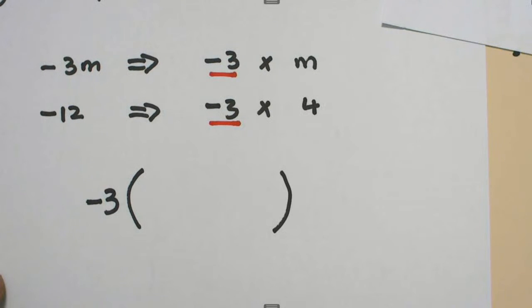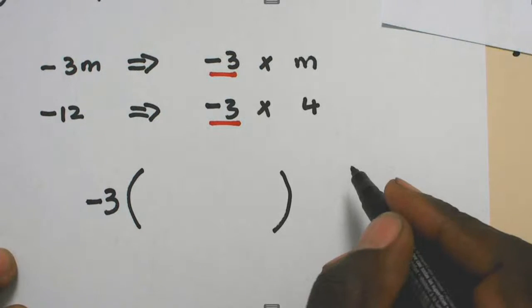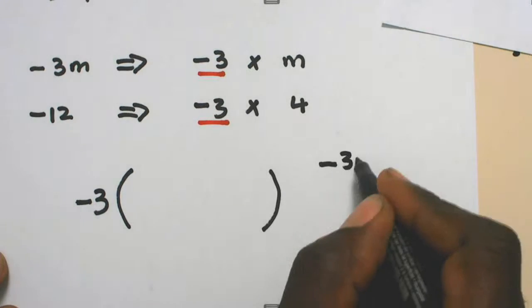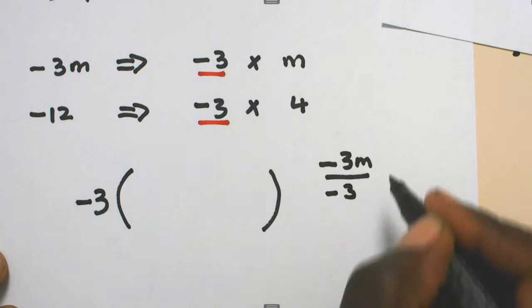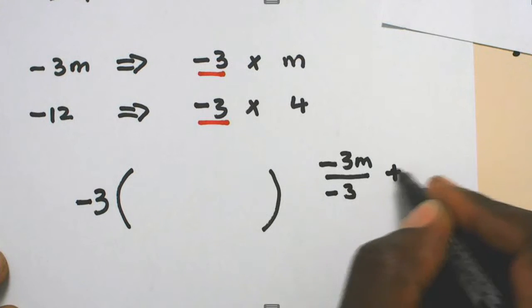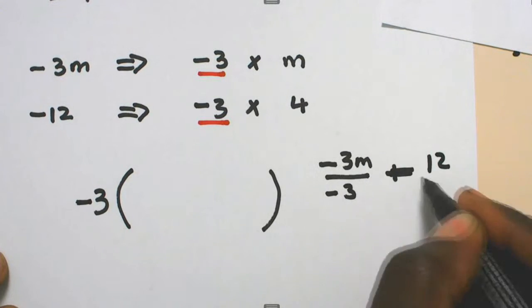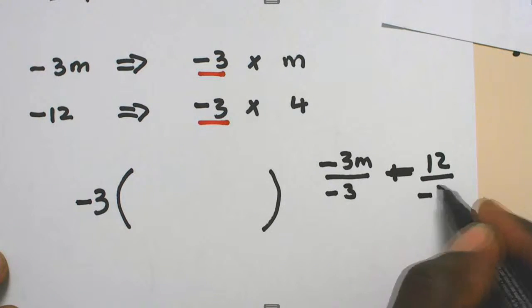In order to find the expression inside the bracket, you divide each term in the expression by the common factor, which is negative 3. This means the minus 3m must be divided by minus 3, and the minus 12 should be divided by minus 3 as well.